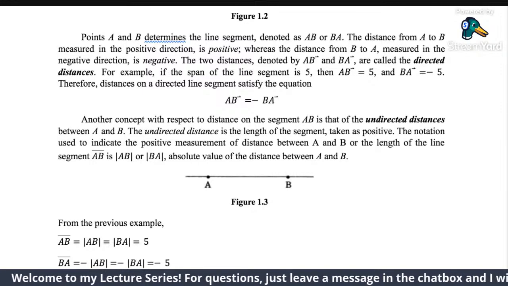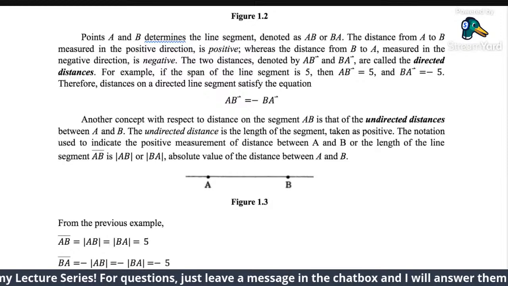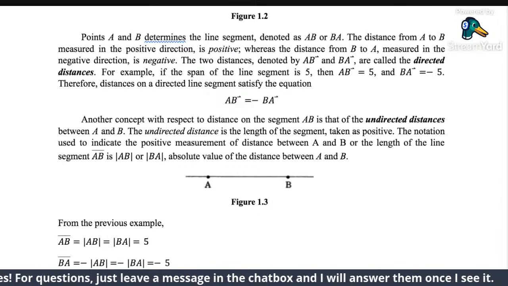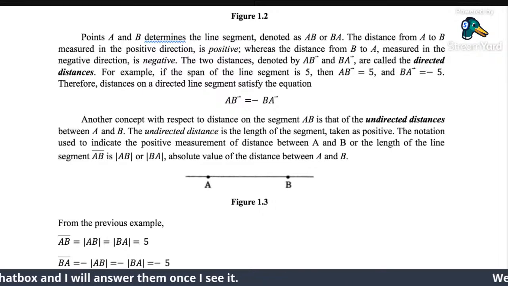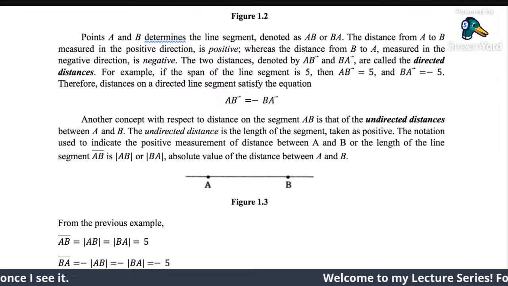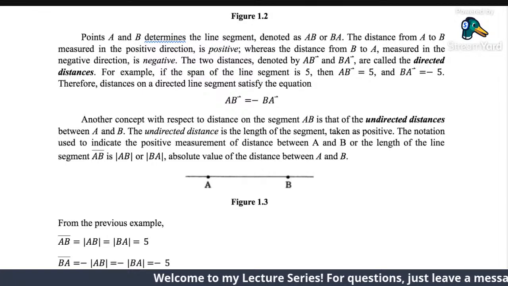Alright, so we proceed with undirected distance. When we talk about undirected distance, it's the length of the segment taken as positive. The notation to indicate the positive measurement of distance A and B, or the length of the line segment AB, is AB with an absolute value, or BA.